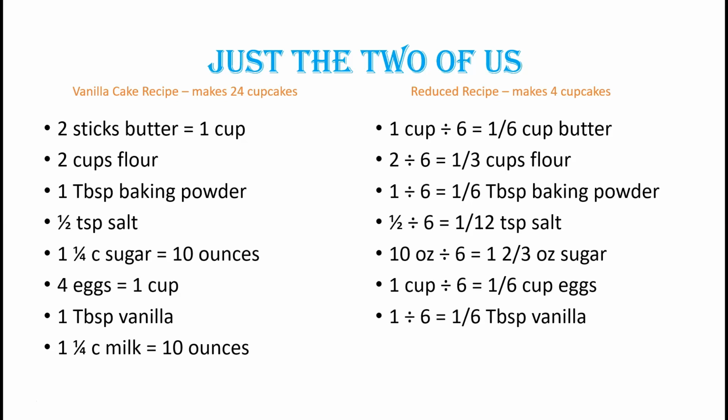We need 1/6 of a tablespoon, so less than a half, about 1/3 of a half. Again, we're getting into shaky territory with guessing. 1 1/4 cup of milk, again, 10 ounces, divide that by 6, and you have 1 2/3 ounces, so a little less than 1/4 cup.